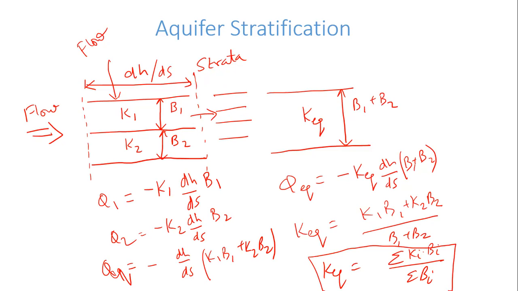So if instead of thinking of it as individual layers, I look at it as one composite whole with an equivalent hydraulic conductivity, then that equivalent hydraulic conductivity will simply be given by this formula. This is if the flow is parallel to the layers.